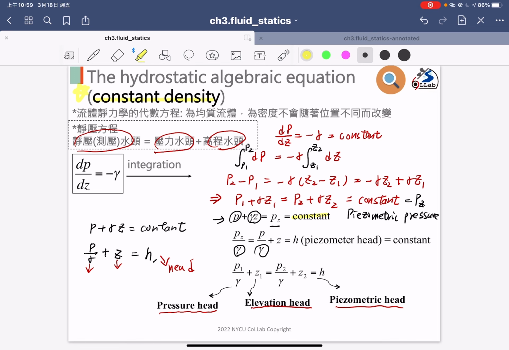For one liquid with many points located inside it, at any point the piezometric pressure is the same, if the density is constant. In the following class, we will have some exercises, and you will know how to apply the hydrostatic equation to real cases.